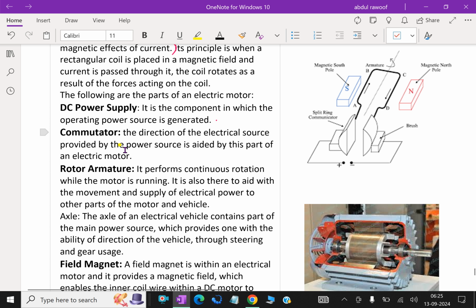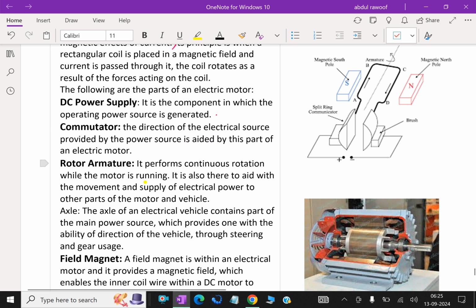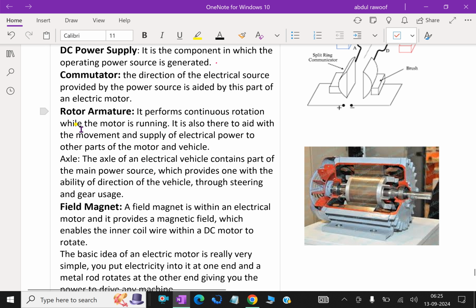Commutator: it reverses the direction of the electric current provided by the power source. Rotor armature: it performs a continuous rotation while the motor is running, and helps supply electrical power to other parts of the motor.